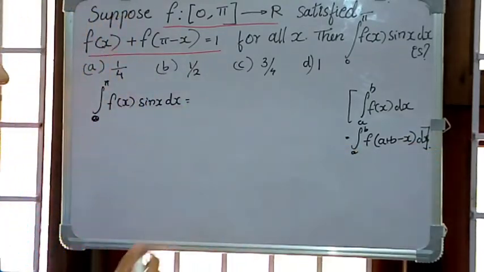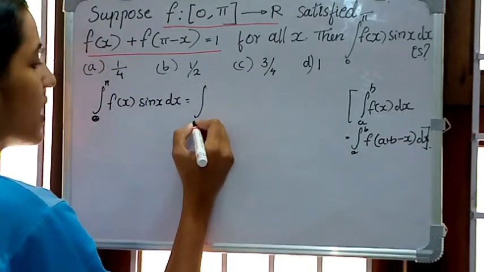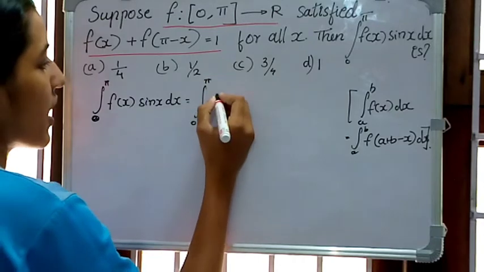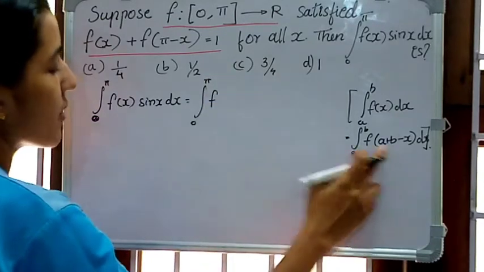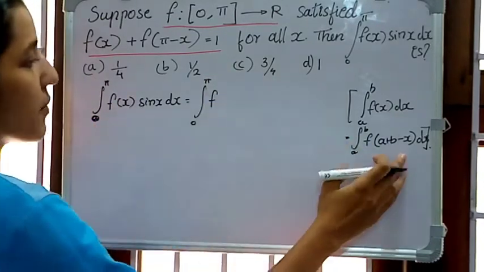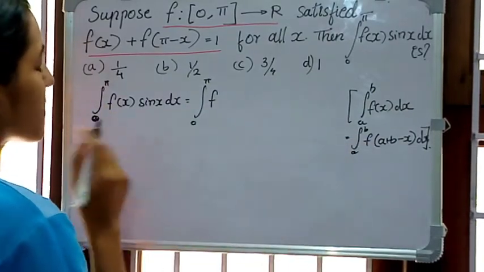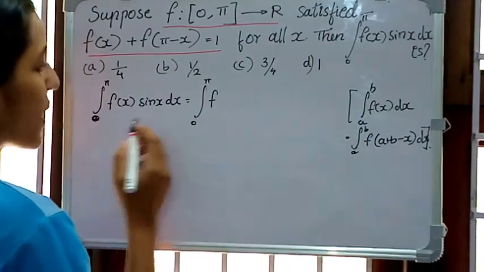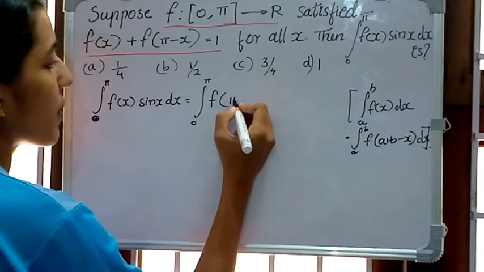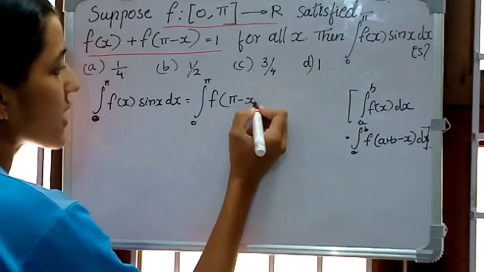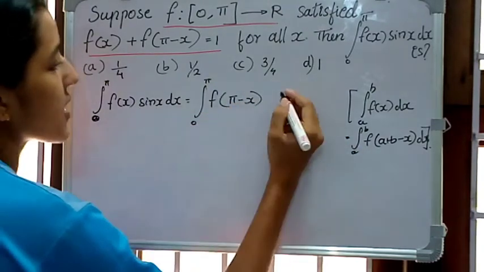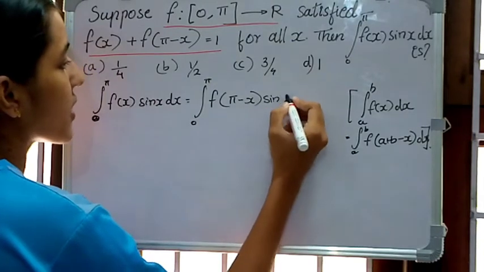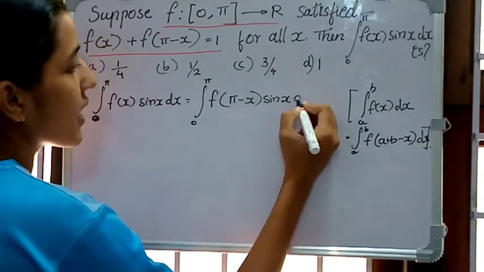Thus we'll get integral 0 to pi f of a plus b, here a value is 0 and b value is pi. So a plus b, 0 plus pi gives pi only. So pi minus x, the remaining is sin x, write it likewise, sin x and then dx.